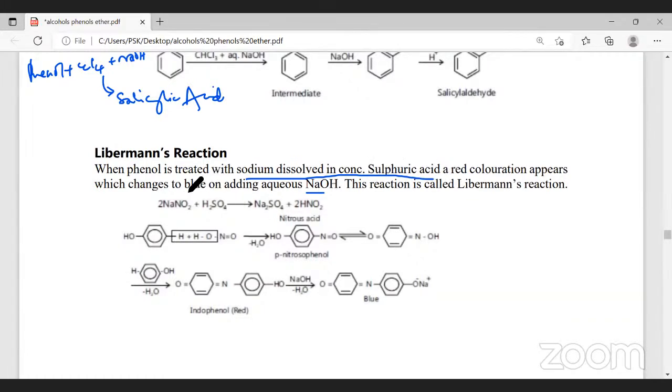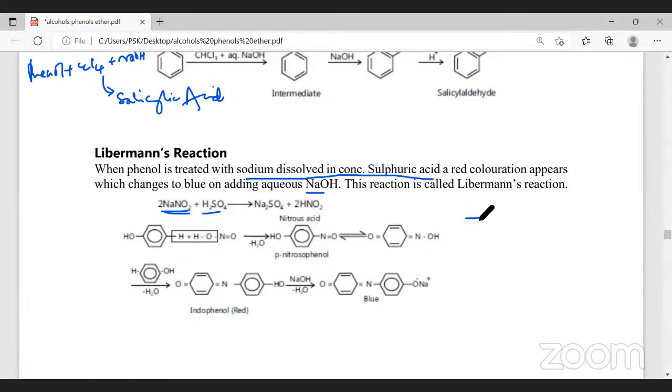Now, when phenol is treated with sodium nitrite dissolved in sulfuric acid, sodium nitrite, NaNO2, in sulfuric acid gives sodium sulfate, giving you nitrous acid. This nitrous acid reacts with phenol.